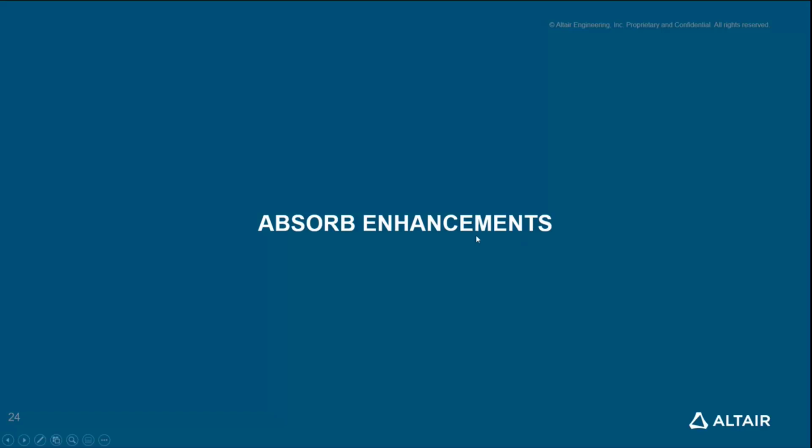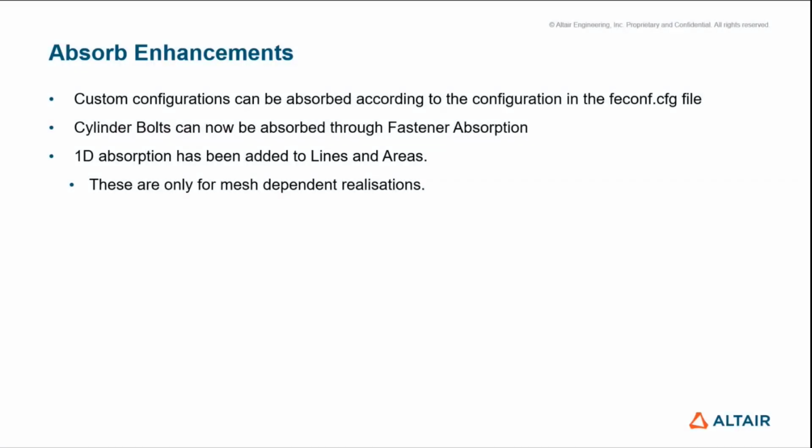The next is the absorb enhancements. There's been some work on the absorption side, where historically we could only absorb a certain subset of our realizations due to complexity reasons, and we were only able to absorb realizations that we knew about. So this has been some work to be able to absorb custom configurations according to the configuration in the FE config file.